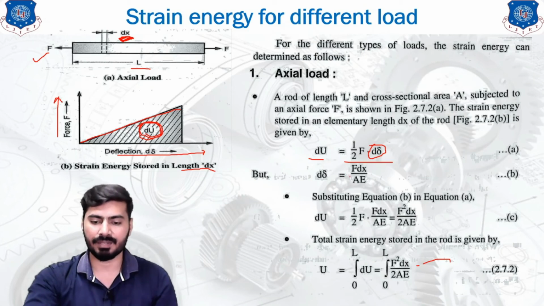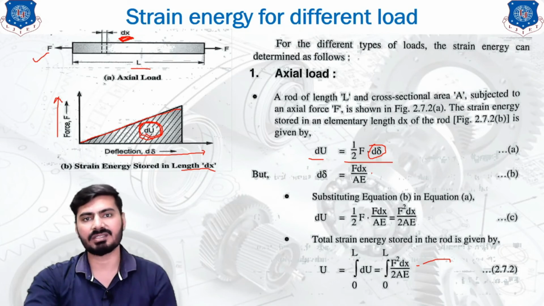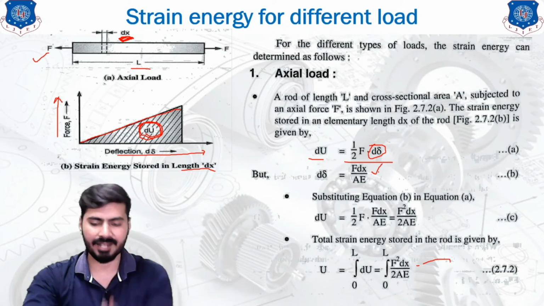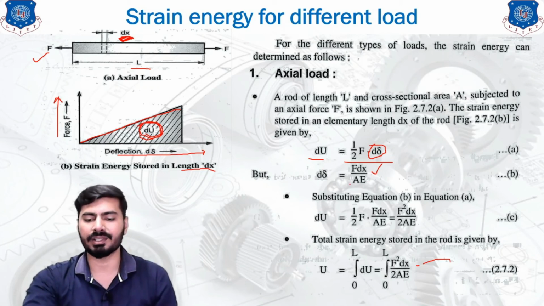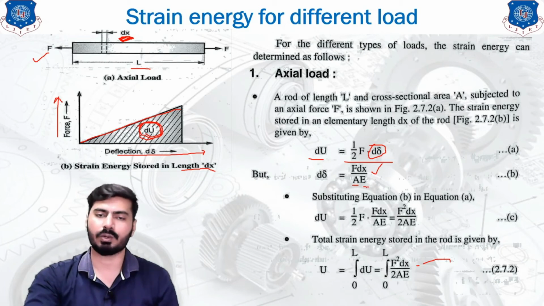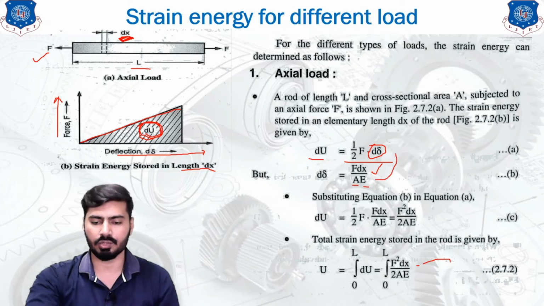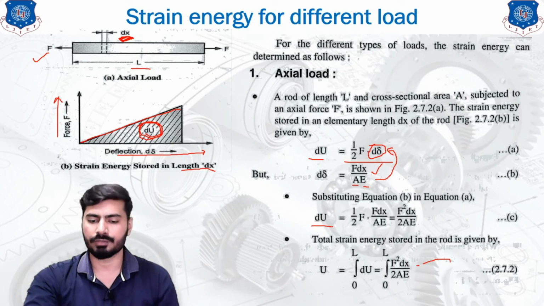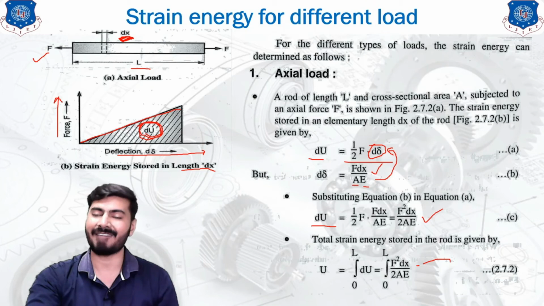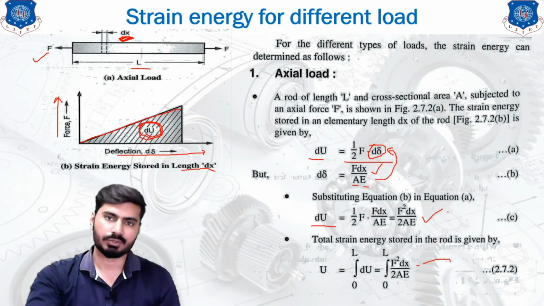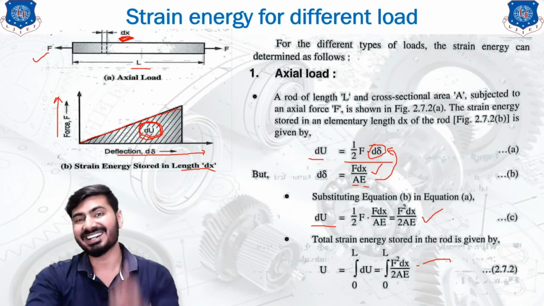Instead of P, we have represented it here as F. L is our length, and we have considered only length dx for this particular strip or element, and AE is the cross-section area and the elastic constant based on the material. So we are going to put this equation into the above equation so that we can have a broader view of dU. After the simplification, dU will give you the answer as F square dx upon 2AE. So this is the strain energy for the dx length.